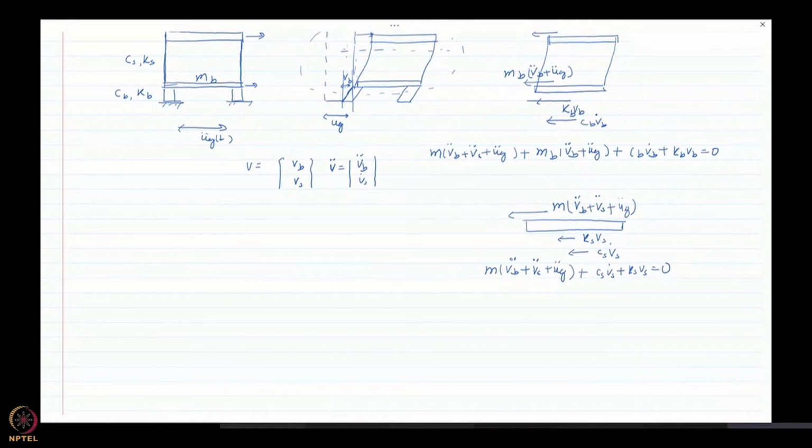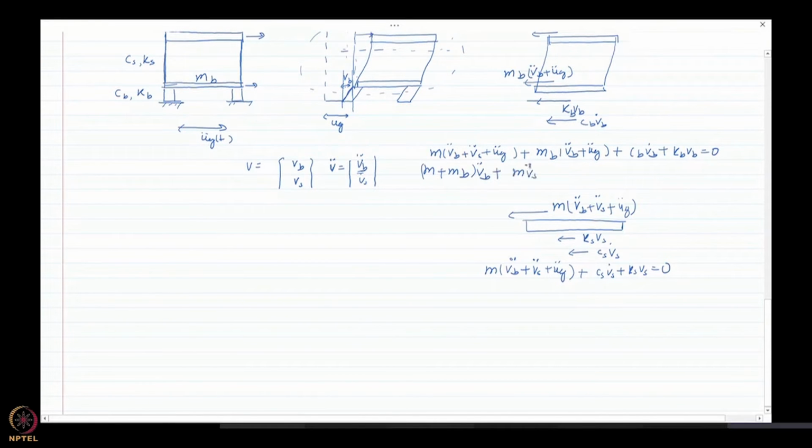To do that, combine all the terms multiplied by the acceleration terms, Vb double dot and Vs double dot, together, and same for the displacement, and then see what we get.